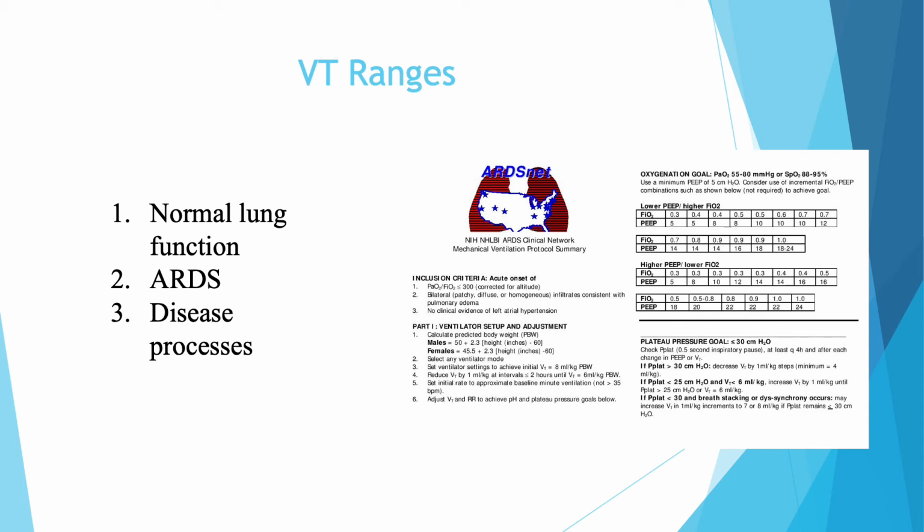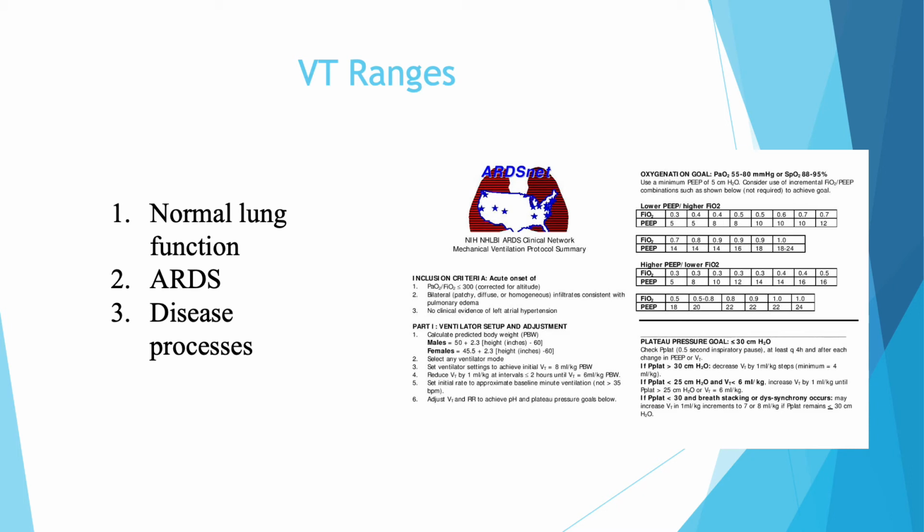Depending on disease processes, you might change your tidal volumes. COPDers usually run 4 to 8 milliliters per kilogram. Pulmonary fibrosis, you usually run lower, more like ARDS protocol, due to the bad lung compliance.